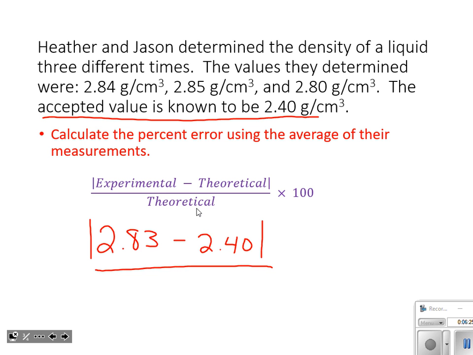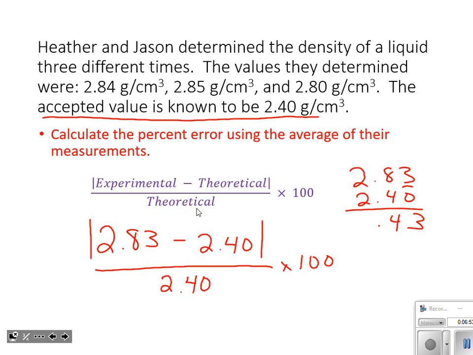Then when I divide it out, I'm going to divide by 2.40, since that's my theoretical, and then I'm going to multiply by 100. As I take the 2.83 minus 2.40, it's going to give me 0.43, with the sig figs right there.